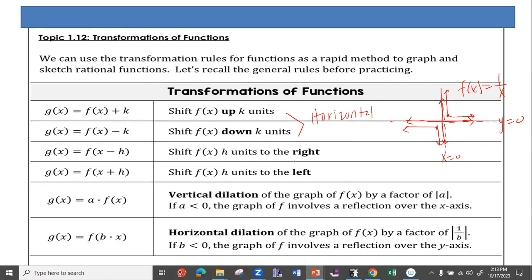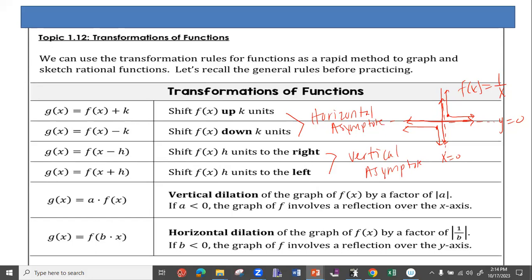When in this format, your H is going to be your vertical asymptote. When it's in the transformation form, your K represents your horizontal asymptote, and your H represents your vertical asymptote. Make sense?